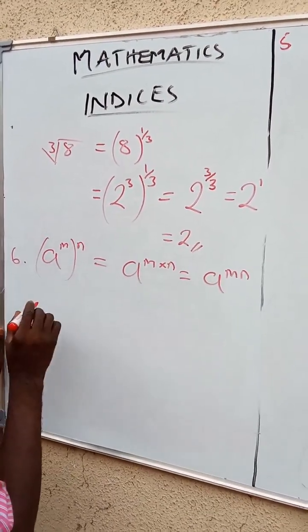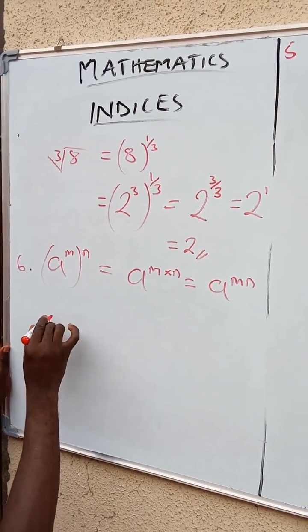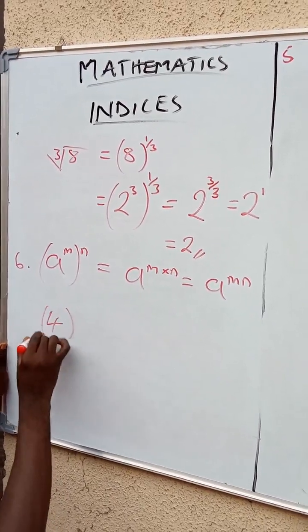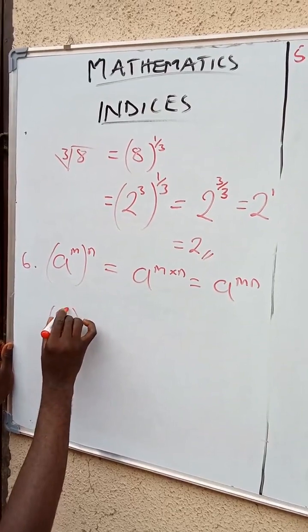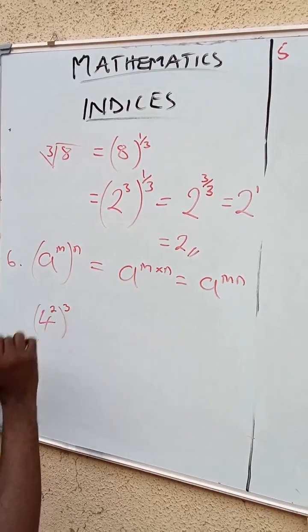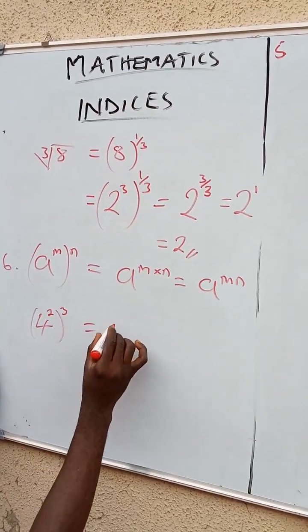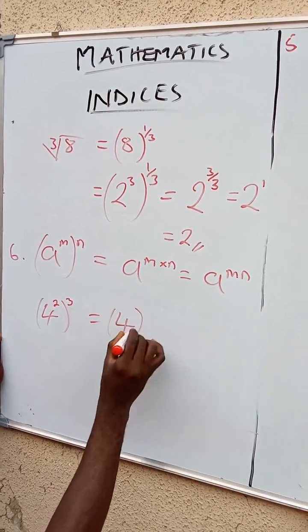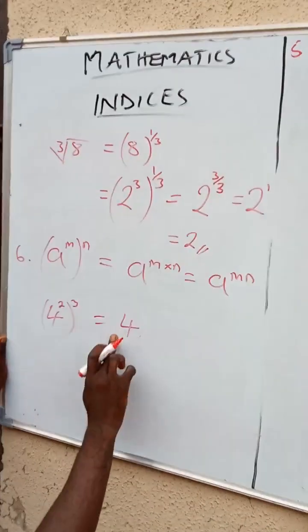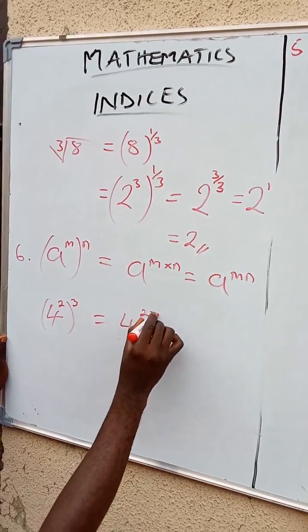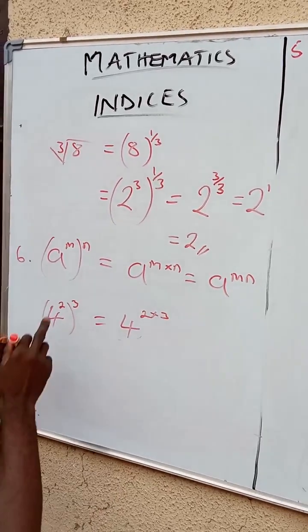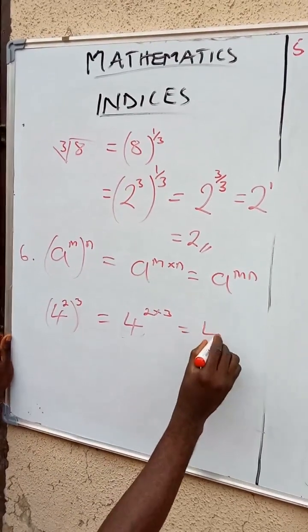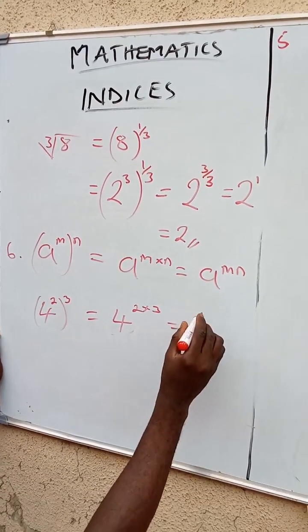For example, if I have 4 raised to the power of 2 raised to the power of 3, this is the same thing as 4 raised to the power of what? Let me remove the symbol. 2 times 3, because it's parallel, which is the same thing as 4 raised to the power of 6.